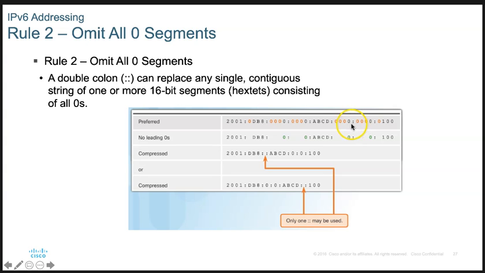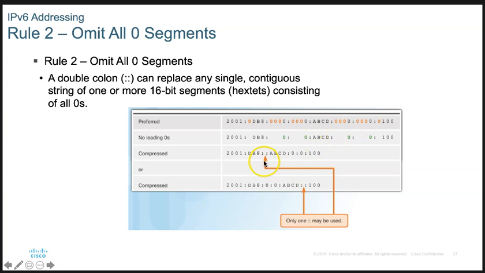So look what we did. First of all, you definitely can omit and remove these all-zero hextets and represent them instead with one 0 only. This is the first rule that we saw. So we did it here, and we did it also here.